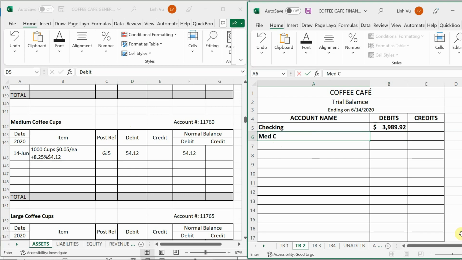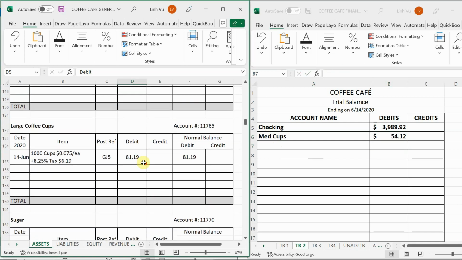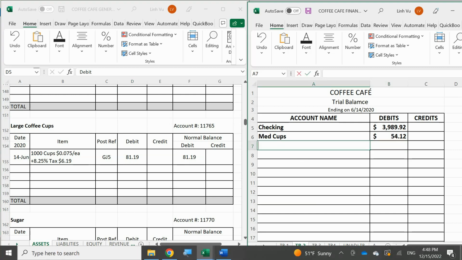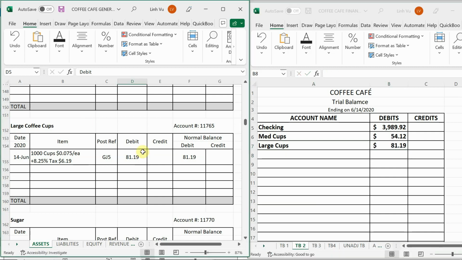In this case, I'm going to use some abbreviations here. So medium cups, for a total of $54.12 on the debit side. I also purchased large cups, for a total of $81.19 on the debit side.